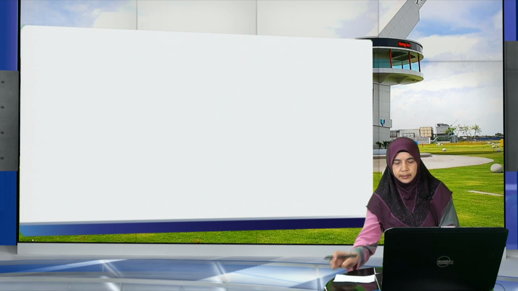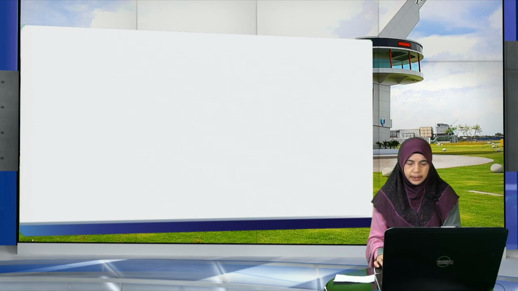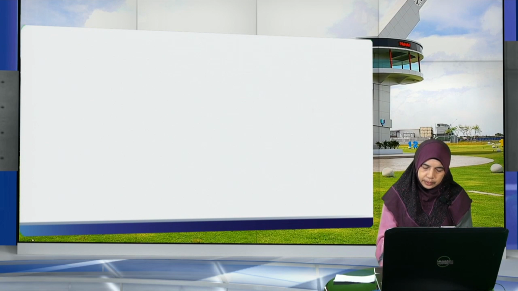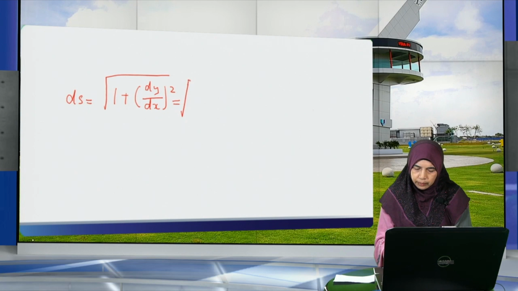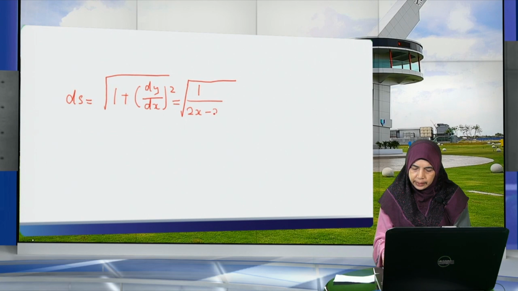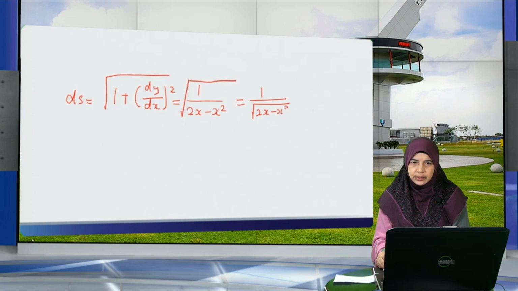surface area. Now, at ds, remember ds, we have the small s here is equivalent to square root of 1 plus (dy/dx) squared, which is actually square root of 1 minus 2x minus x squared, and that is equivalent to 1 over square root of 2x minus x squared.